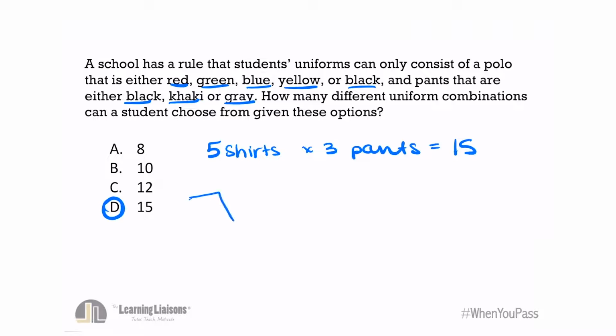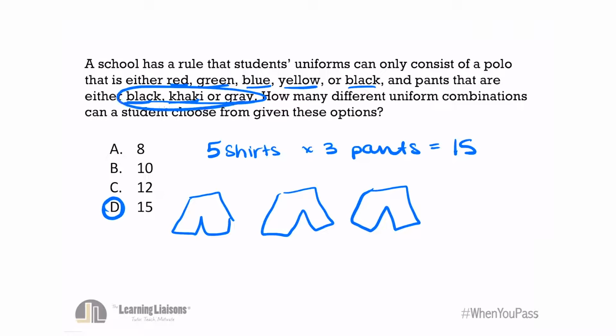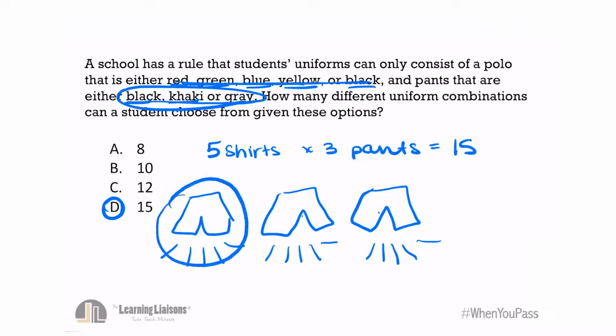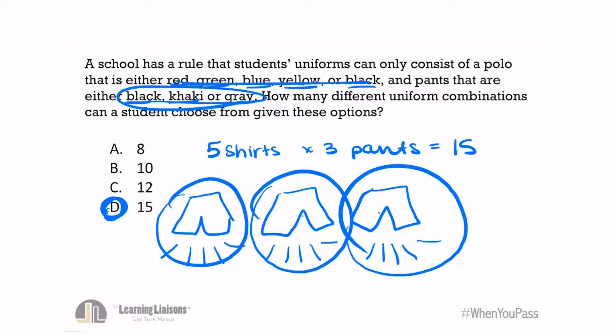So if I have this set of pants and this set of pants and this set of pants, there's my 3 pairs of pants. Each pant can have 5 shirt options. I can wear any of these 5 shirt options with each of these pants. So that's 5 plus 5 plus 5, which is 15.